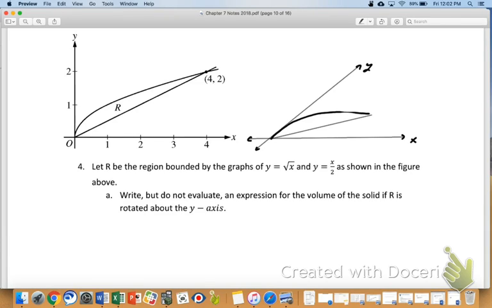I'll do this in a little bit of a different color. Does that make sense? Can you see it? Can you see that solid?